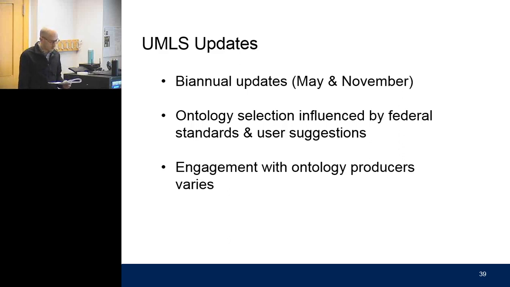And this is going to include ontologies and vocabularies that are used in the Consolidated Health Informatics Initiative, any of the HIPAA mandated terminologies, and also the Public Health Information Network Initiative terminologies. But NLM also works with other organizations to incorporate more local ontologies. So if a research group has developed an ontology for their specific application, that may be incorporated into the UMLS as well.